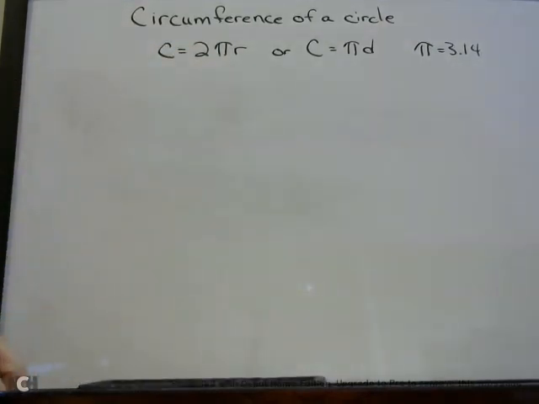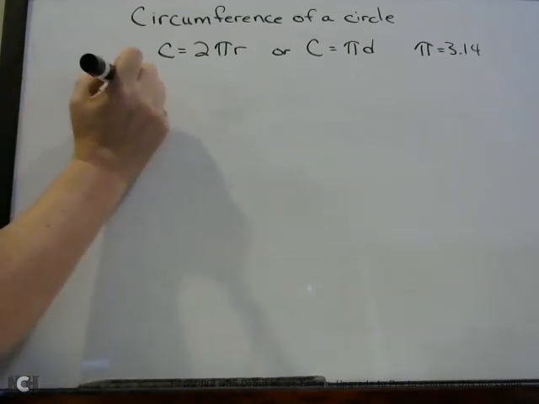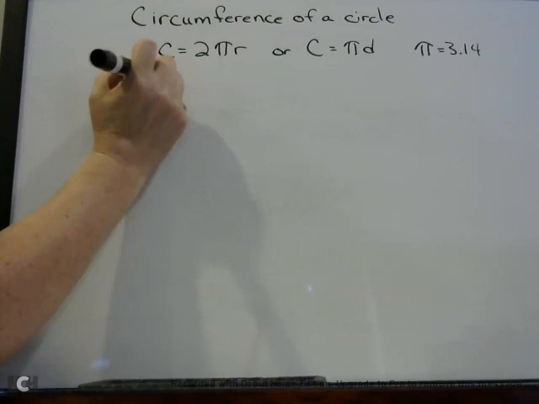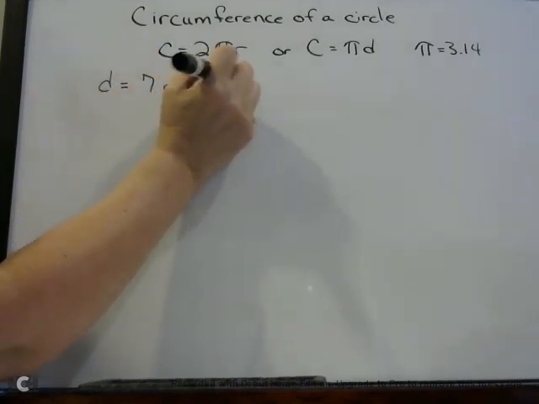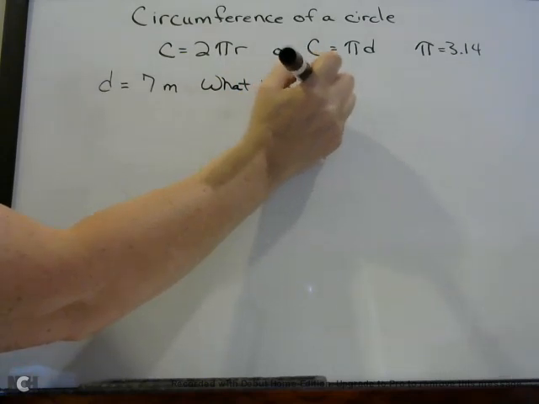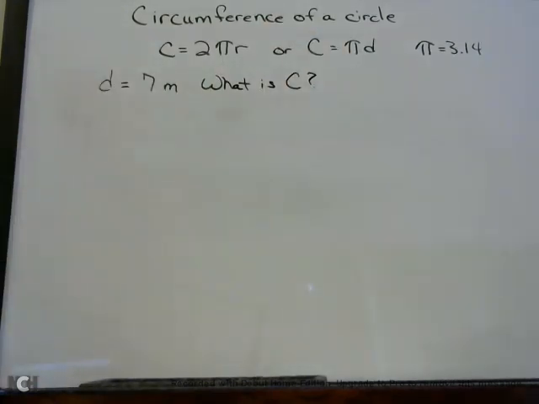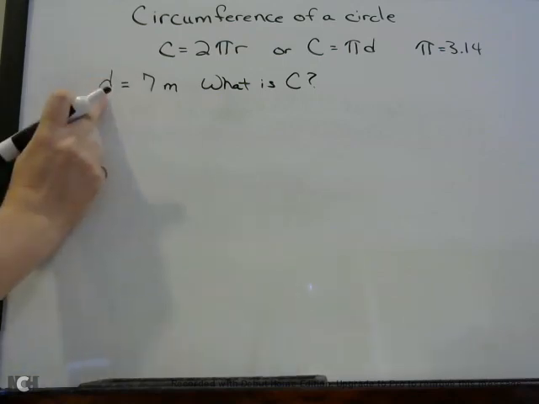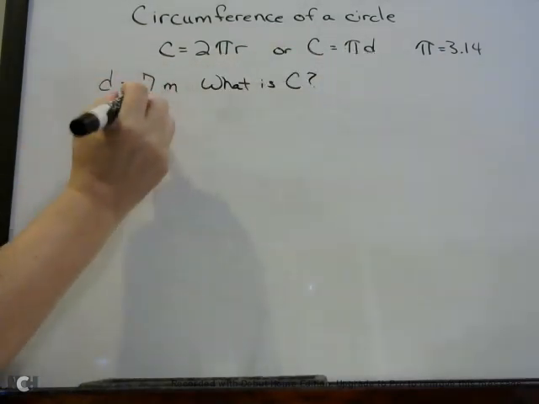So let's just do a couple of simple examples. Let's say the problem says the diameter, d, is 7 meters. What is the circumference? I'm just going to use C as the symbol for circumference. We have the diameter, so we're going to use this formula.